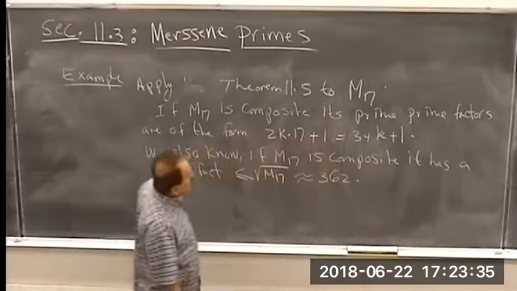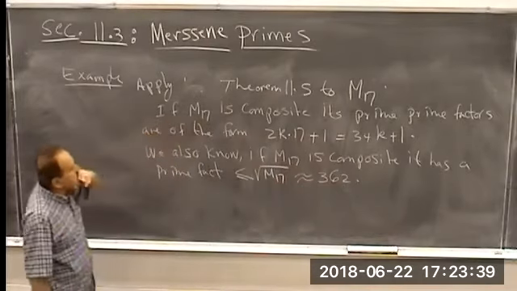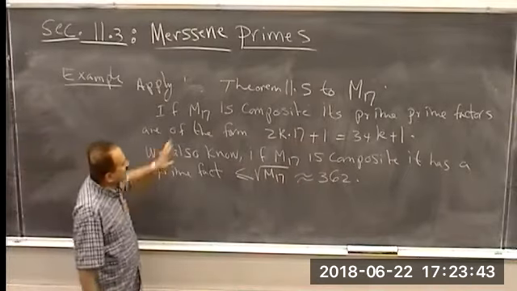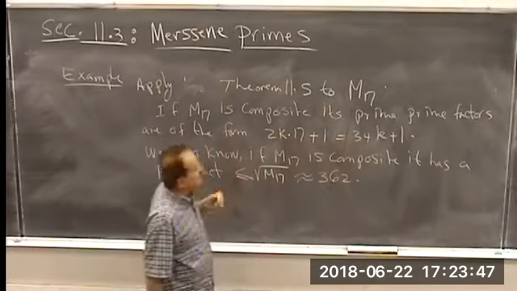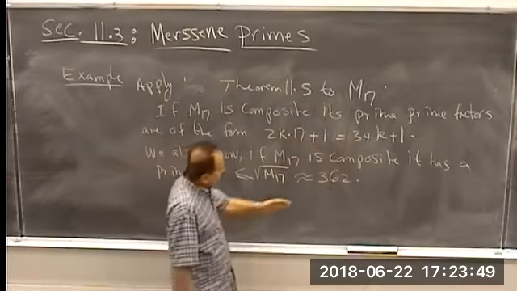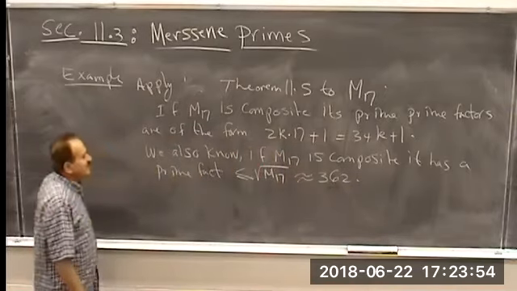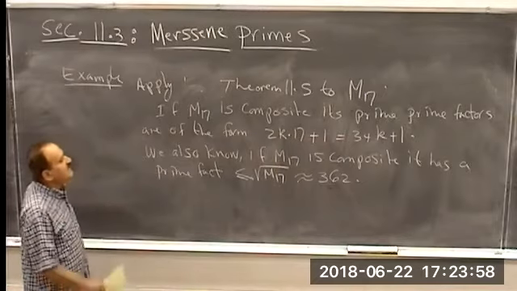So in other words, to show that M17 is composite, it would waste our time if we don't find a prime factor that divides M17 and is less than or equal to this number; then we don't know. It means the test will fail.